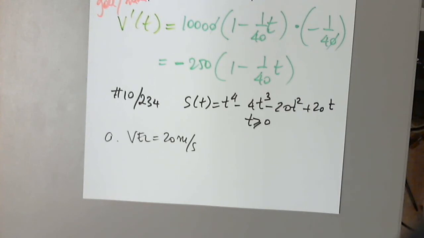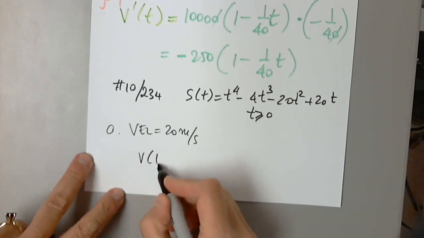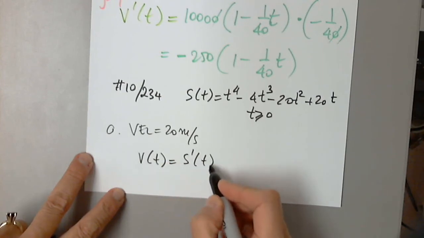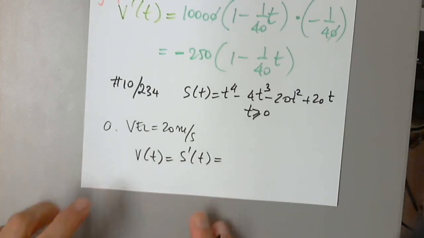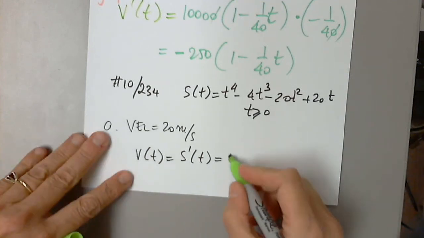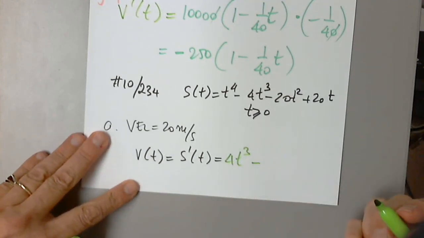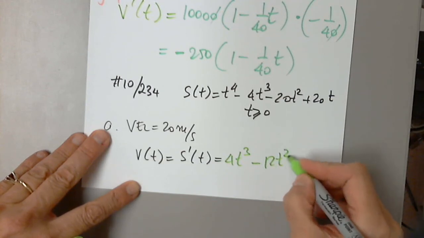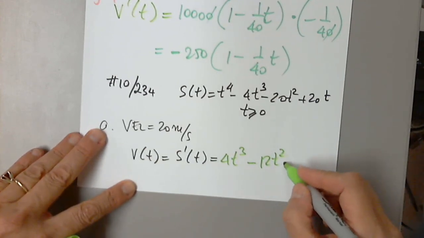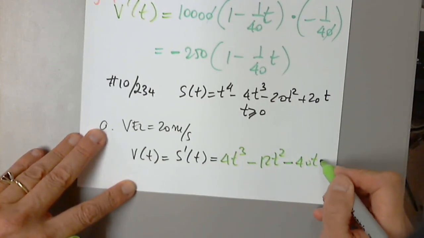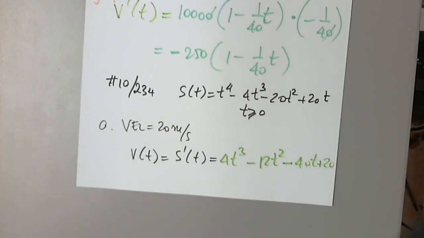Yes, the velocity. Very good. V of t is s prime of t. Can anyone differentiate for us? 4t cubed minus 12t squared minus 40t plus 20.